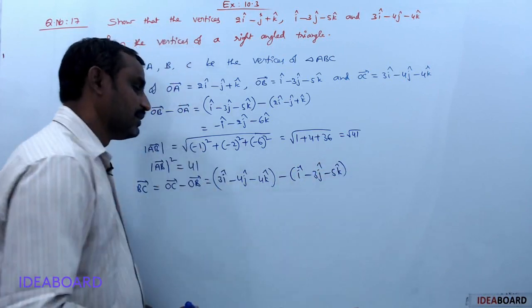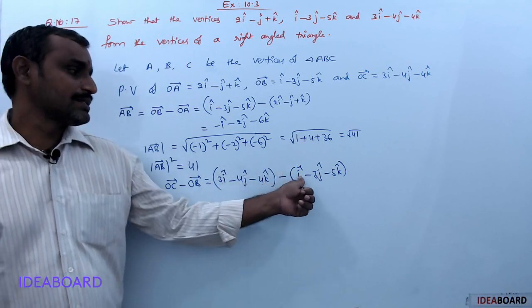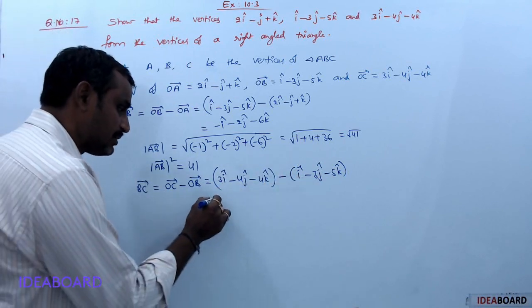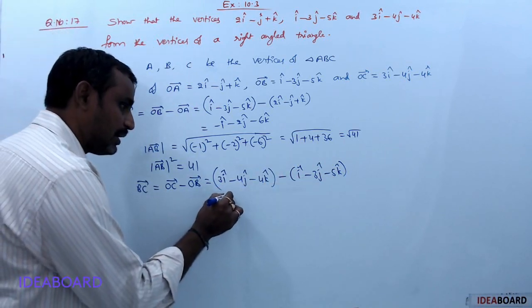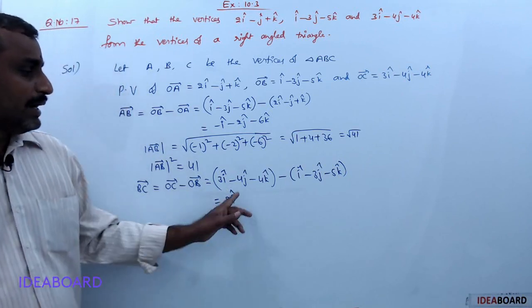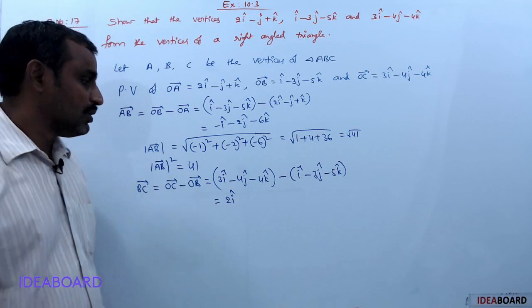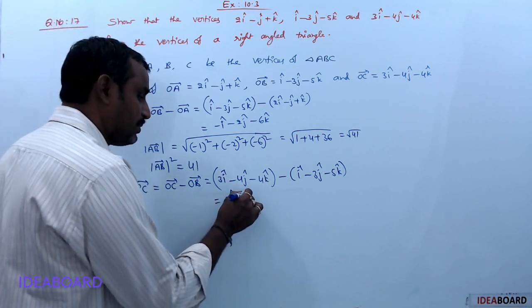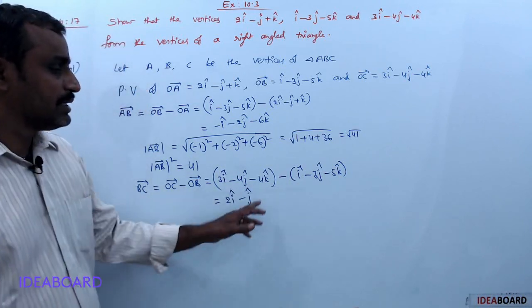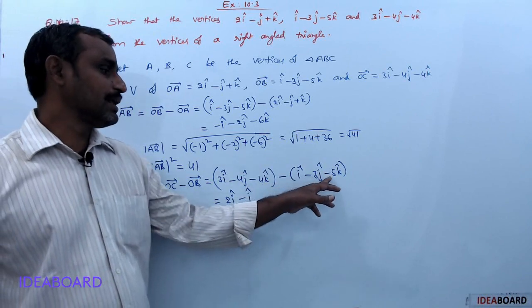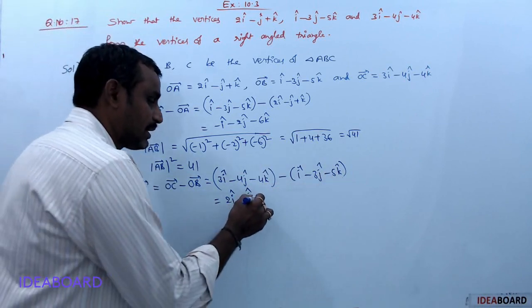Now simplify this. 3i minus i means plus 2i cap. Minus 4j, minus of minus is plus 3j, so minus j cap. Next minus 4k, minus of minus is plus 5k, so plus k cap.